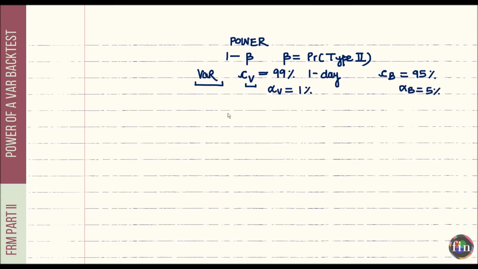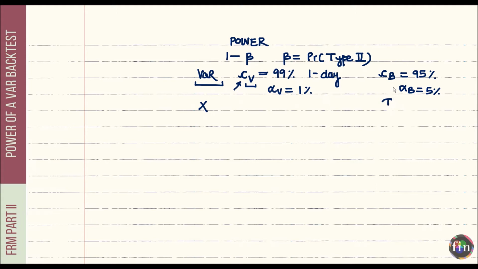Now if you were to backtest this model, we do it via this variable X, where X denotes the number of exceptions or exceedances to this computed VaR. There's one more specification which I've missed out, and that is the length of the backtest window.